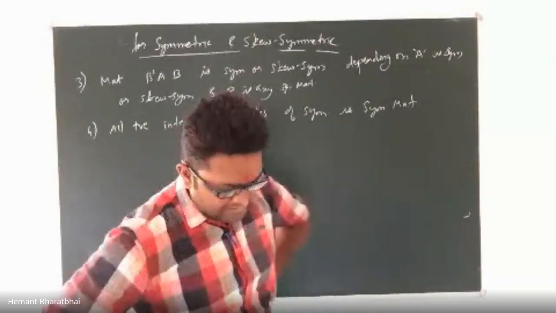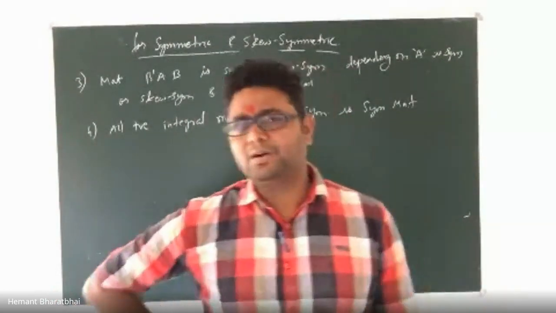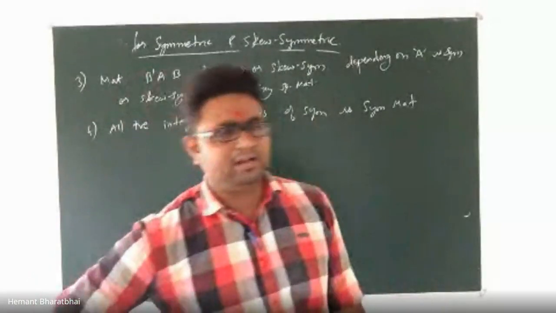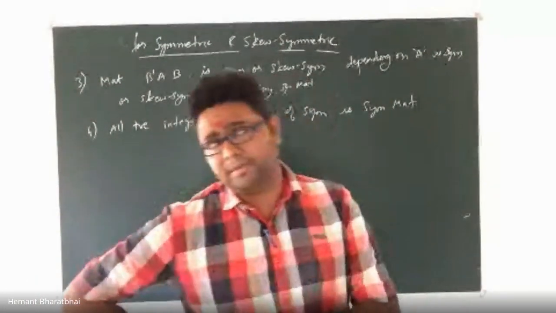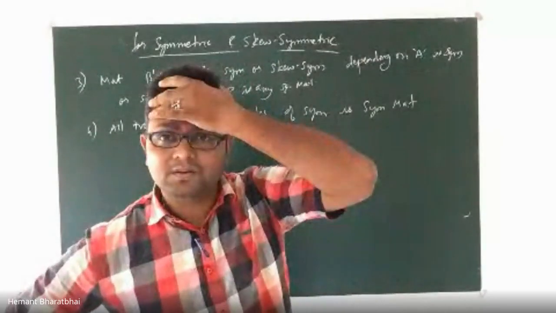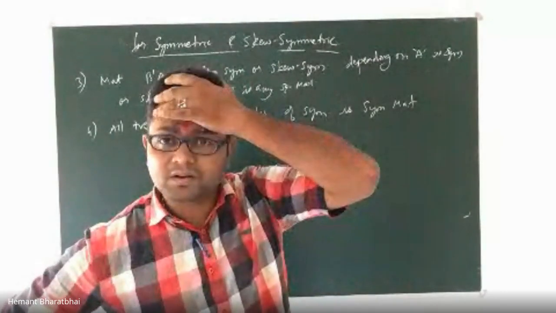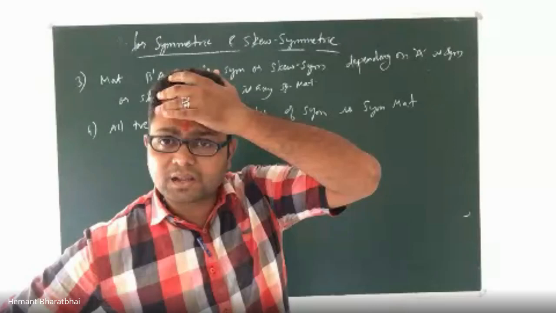So if it is a symmetric matrix, and if you find A square, A cube, A raised to 4, A raised to 5, you will get all the matrices to be symmetric only. All the powers are going to be symmetric matrices.